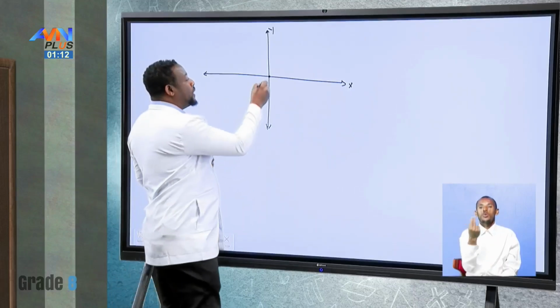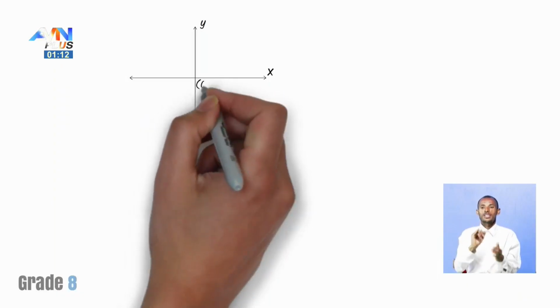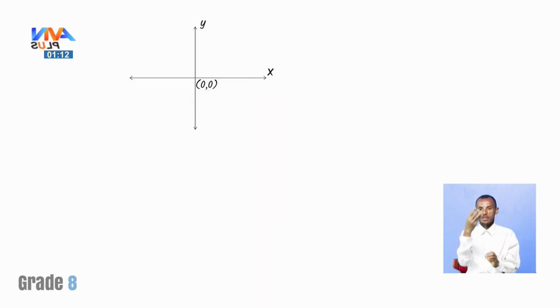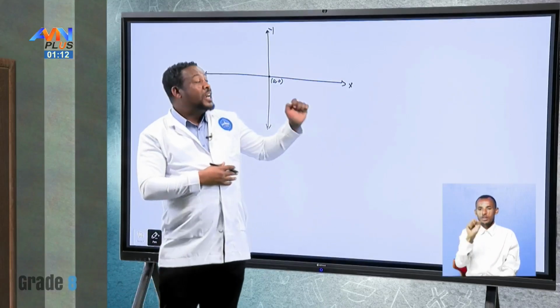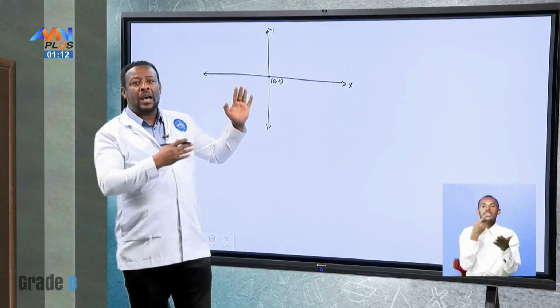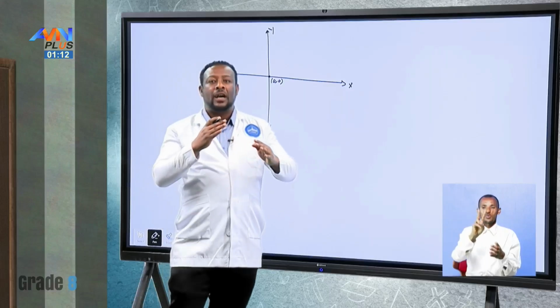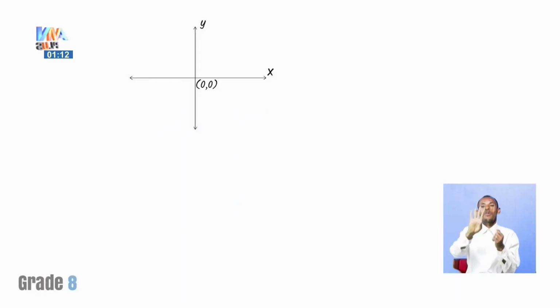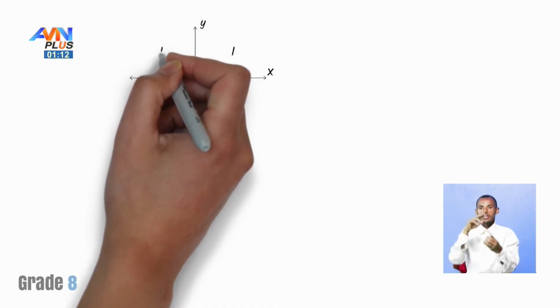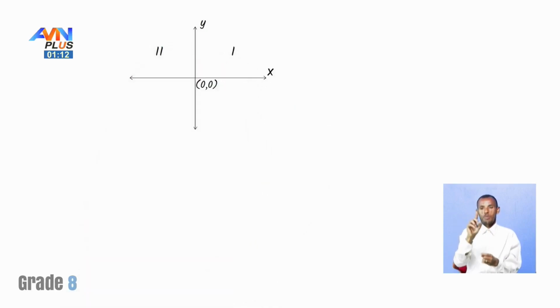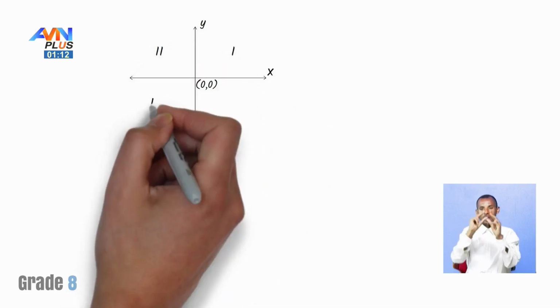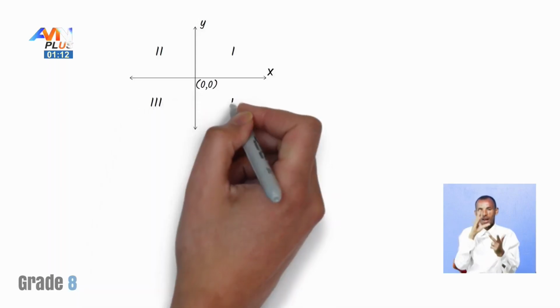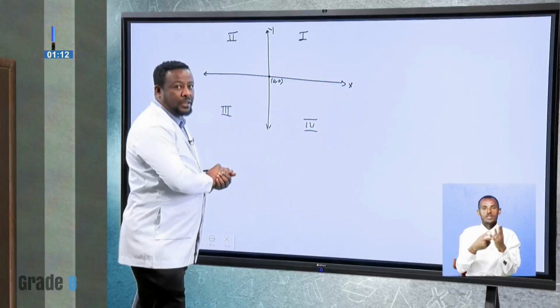Usually this point is 0, 0, okay? So as you can see here, these 2 axes form 4 different regions, okay? This is called the first quadrant. This is the second quadrant. This is the third. And this is the fourth quadrant, all right?